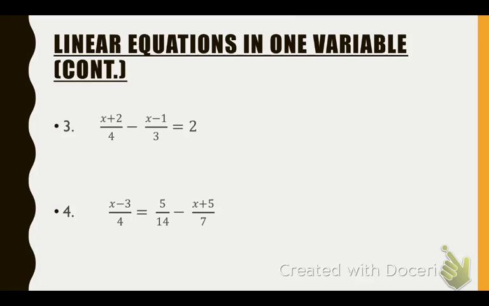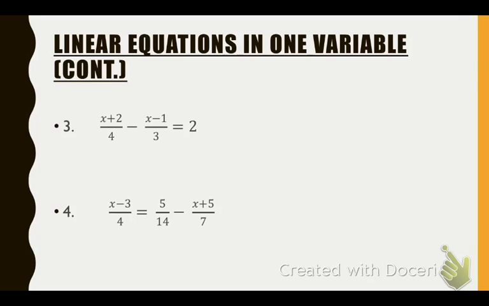Now, if you have a linear equation in one variable, but it's written as a fraction, you're going to do the same way whenever we do 3 or 4, whichever one. It's going to be the same way that I do it whenever I have rationals or variables in the denominator spot.